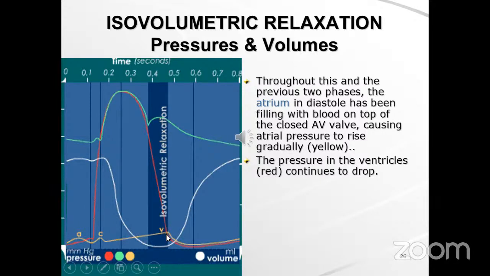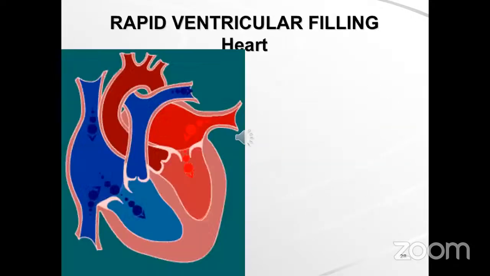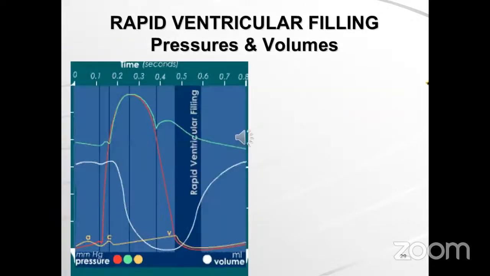Once the pressure in the ventricles falls below the pressure in the atrium, there is the opening of the atrioventricular valve. Once the AV valve opens, the blood that has accumulated in the atria flows rapidly into the ventricles.